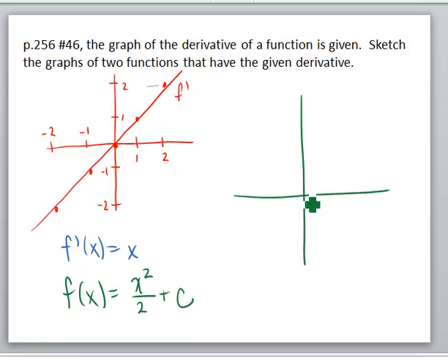So maybe it just goes through 0, 0. Maybe it's a parabola that goes through 0, 2. We really just don't know. We just know that it's a parabola, and then it has a plus c value. So there's 2. I could make 100 more.